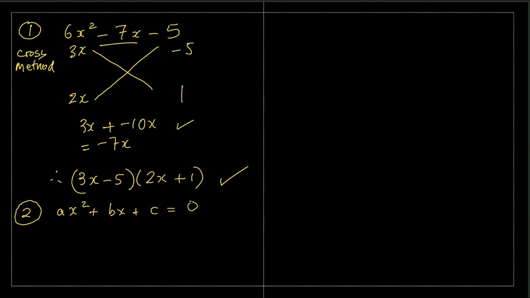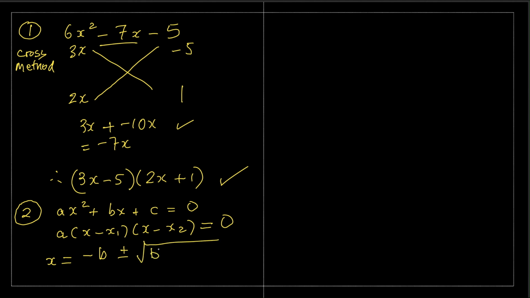The solution for this equation, when we factorize it, will look like this. So x1 and x2 are the roots of that equation, and you would find those using the quadratic formula. That's minus b plus or minus square root of b squared minus 4ac all over 2a, where a, b, and c are the coefficients of x squared, x, and the constant term.